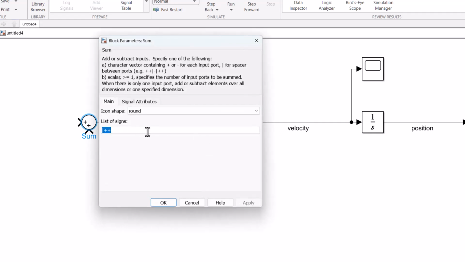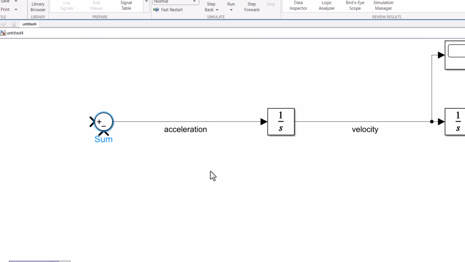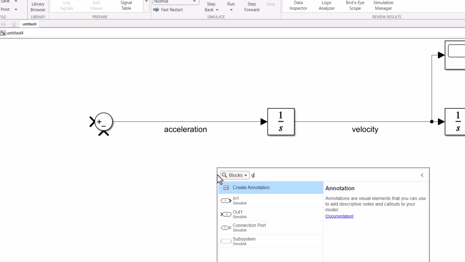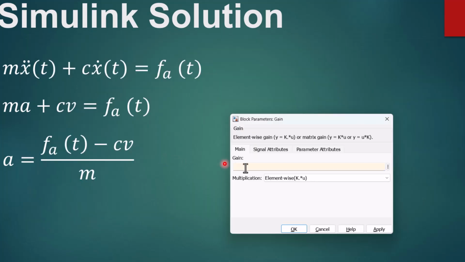So negative c I convert into a minus, and the velocity has to be multiplied by c and be fed into here. So again, the velocity has to be multiplied by c and divided by m. So the gain is c over m.